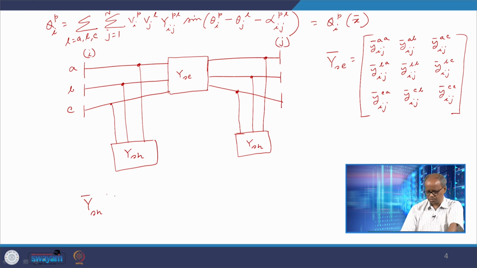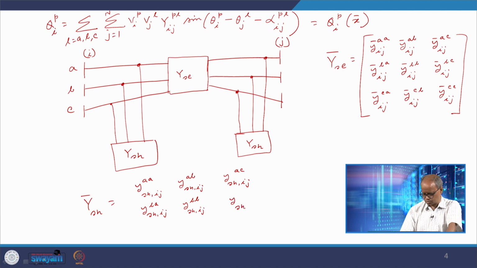This is a complex matrix. So, this is also Y shunt IJ AA, Y shunt IJ AB, Y shunt IJ AC, then Y shunt IJ BA, Y shunt IJ BB, BC, CA, CB, CC.